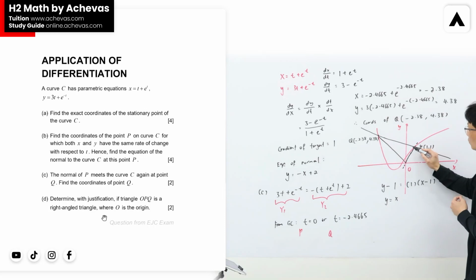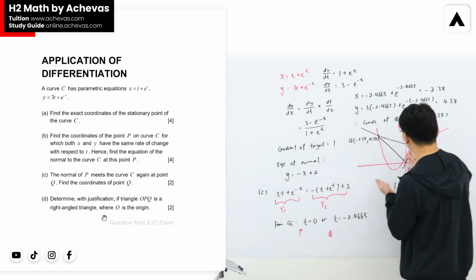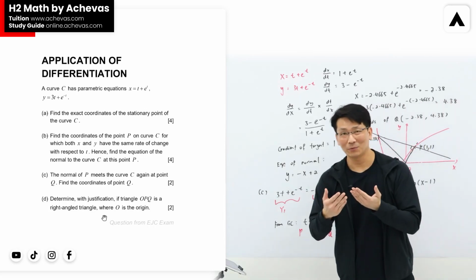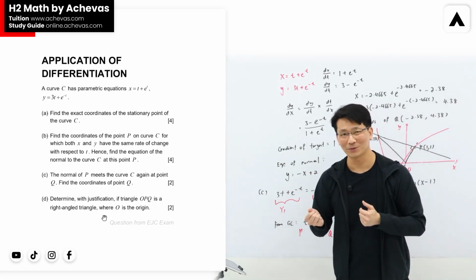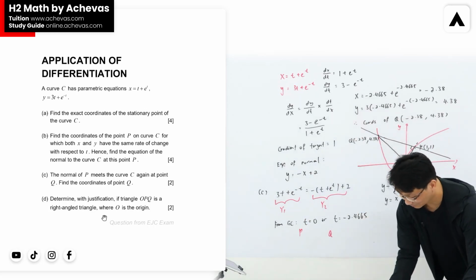Our objective is to prove that this is a right angle triangle. Actually, I already see it should be a right angle here, because we are using the equation of the tangent and equation of the normal. And both of them are related by the gradient, which is m1 times m2 equal to minus 1. So I'm going to say something like this.